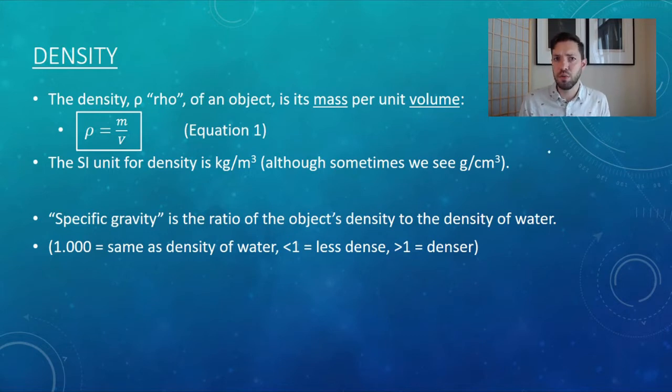Another phrase that you will hear related to density is specific gravity, and that's just a ratio of the density of an object to the density of water. So if an object's specific gravity is 1, its density is exactly the same as water. If it's less than 1, it's less dense. If it's greater than 1, right, you get the idea.